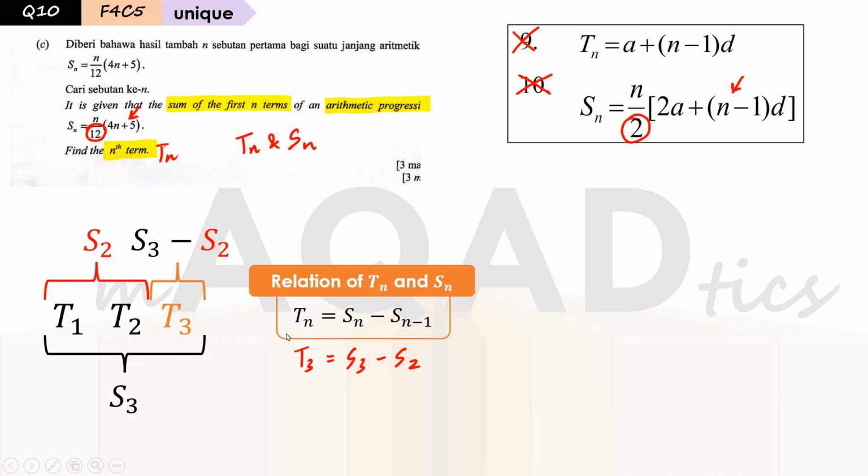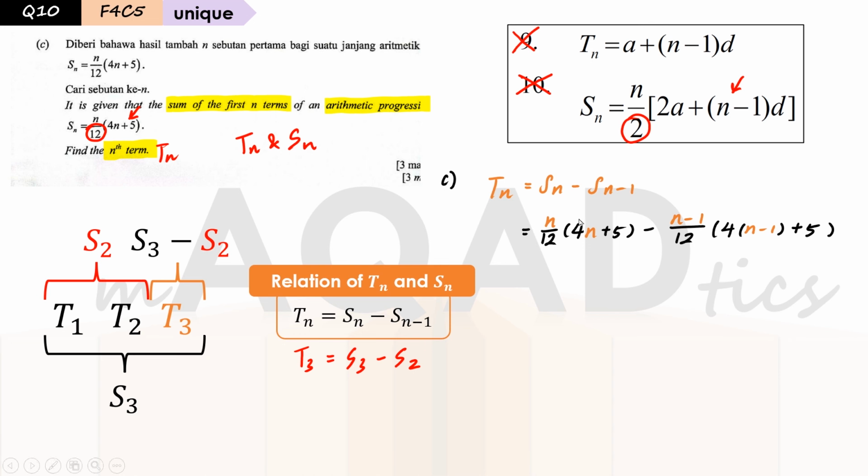Okay, so this is the relationship between Tn and Sn. Okay, so now if we want to find out Tn, we are just going to use this expression. Alright, so the Sn, which is this value here, minus the sum of the first n minus 1 terms, which means all the values of n here, this value and this value, I need to change to n minus 1.